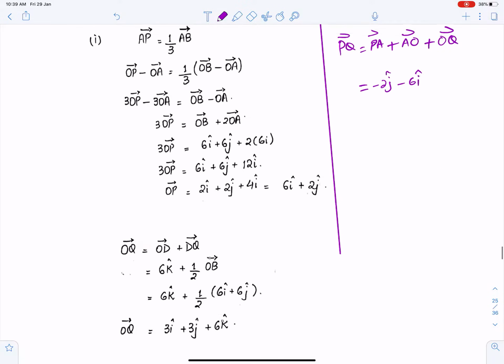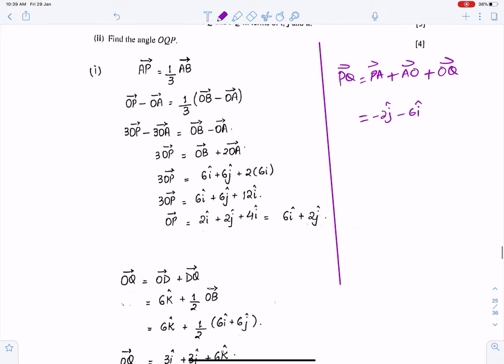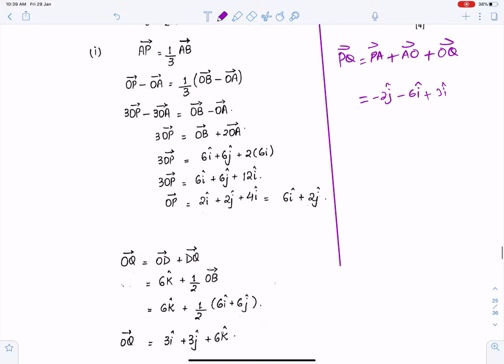And OQ is this, 3I, 3J and 6K. So the answer of PQ will be minus 3i plus j plus 6k. This is the way we can get PQ.